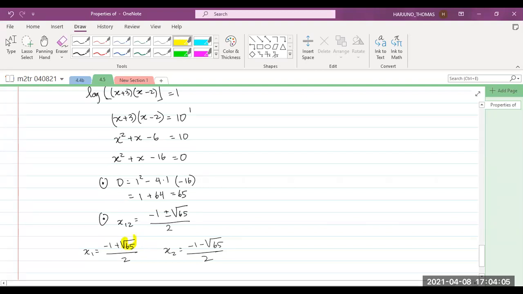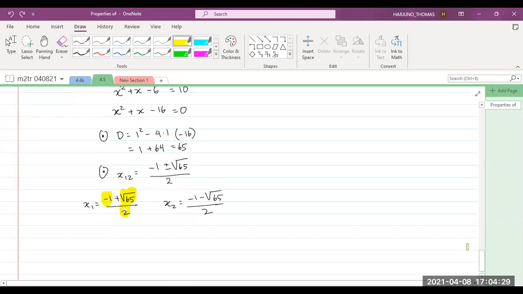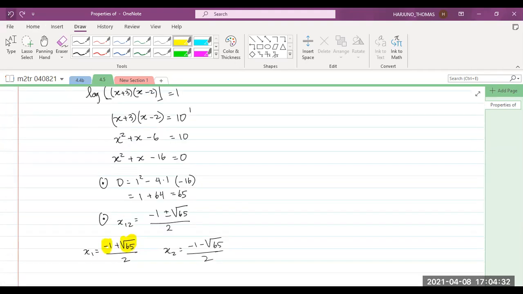Now, square root of 65 is approximately 8 something. 8 something minus 1 is 7 something, divided by 2 is 3.5 or a bit more. If I put 3.5 here it is positive, and here it is also positive. So the first option is okay.